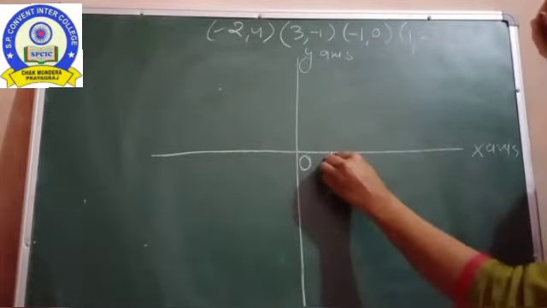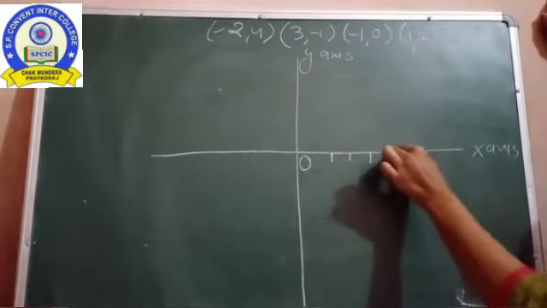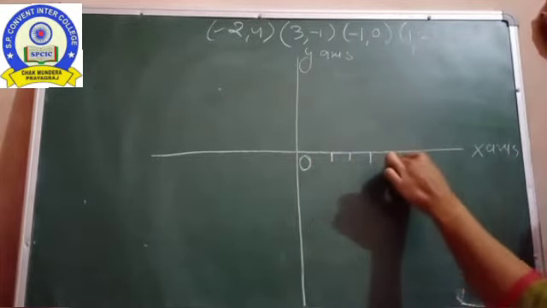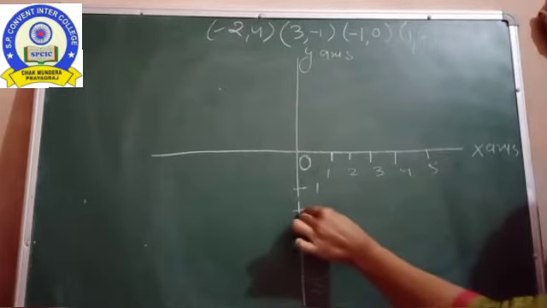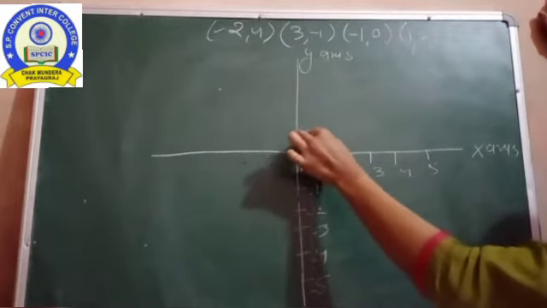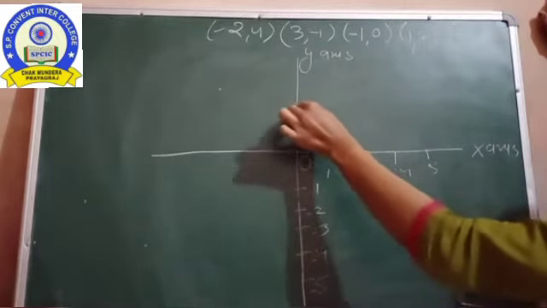0, 1, 2, 3, 4, 5 on the positive side, and -1, -2, -3, -4, and -5 on the negative side.